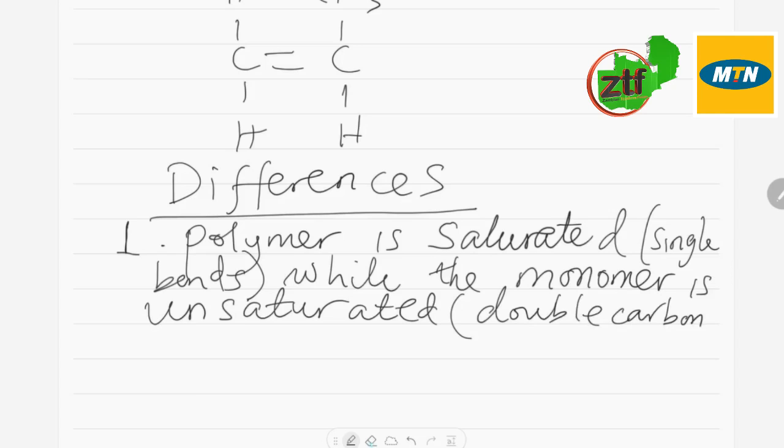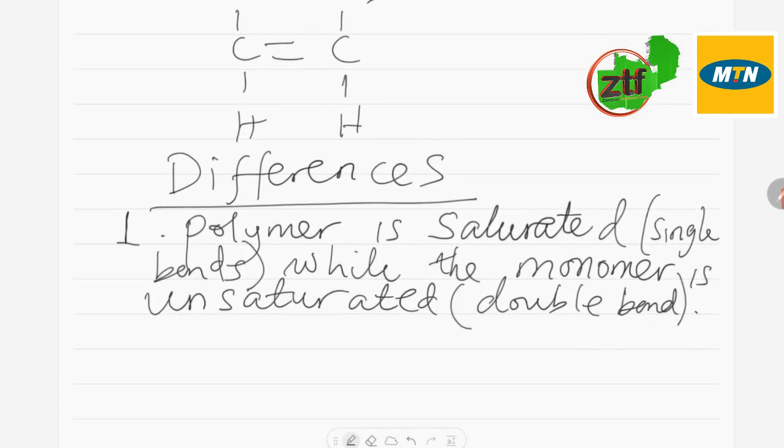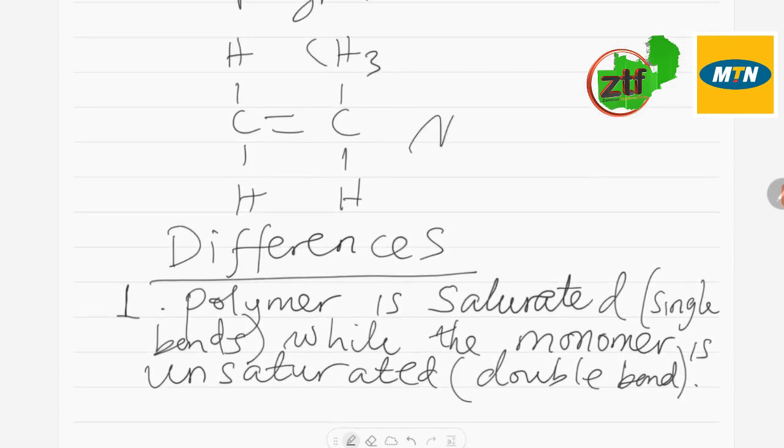Okay, so that is one difference. We have observed the polymer is single bonded and the monomer is double bonded. This is our monomer.